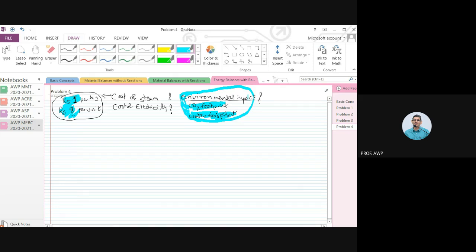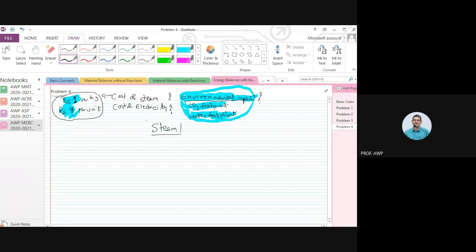These are only some problems that we are going to do, but you should look more at the philosophy: how do I assess the cost, how do I assess the environmental impact of any activity that we are doing. Right? So let's look at the steam first.